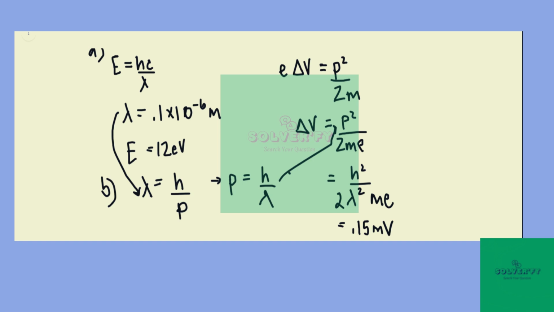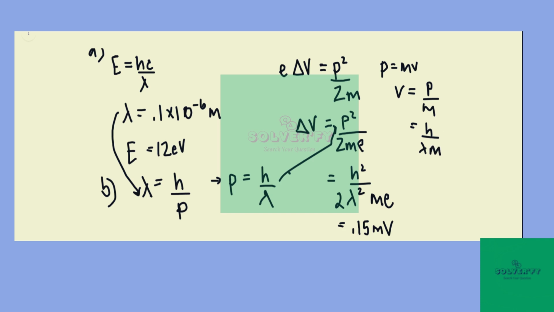So getting the speed, that's just calculating mv. So I guess let me start labeling this actually. So this is all for B. Oh, I did label them. So p is mv, v is p over m, p is equal to h over lambda, so that's h over lambda m.